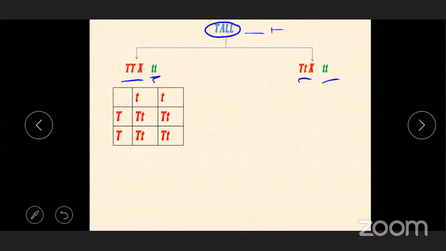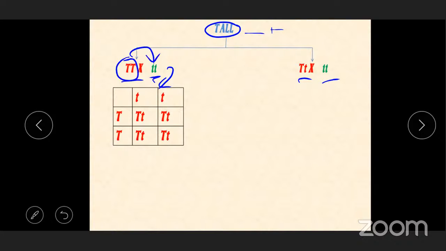In the first situation, if this tall is homozygous, crossing with the recessive parent, these are the offspring generated in the next generation. See, students, in the horizontal row, small t gametes. In the longitudinal column, capital T, capital T, capital T, capital T.